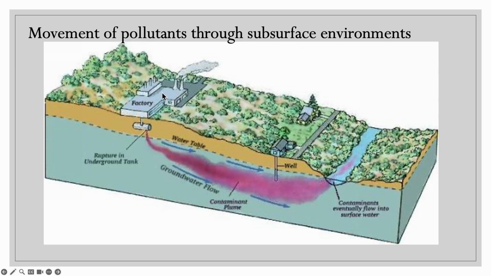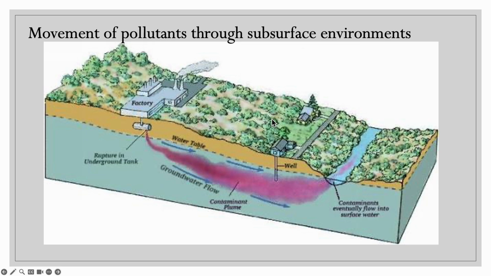So here we might have this factory that has this waste disposal with toxic chemicals, and for some reason that ground tank ruptures and it moves into our water table and ultimately contaminates these streams, and people are wondering where the contamination came from.